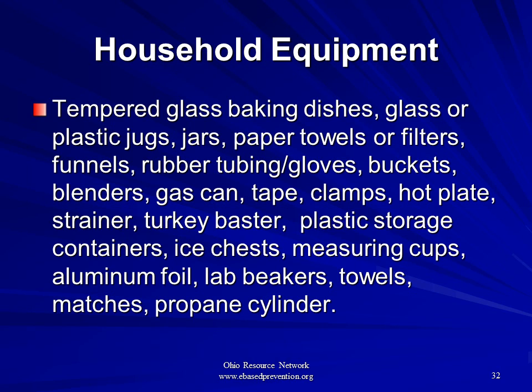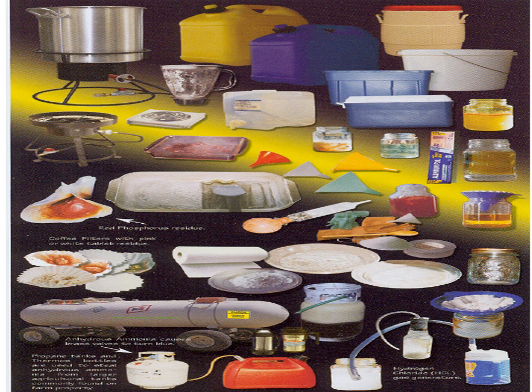Rubber tubing, rubber gloves, buckets, blenders, all sorts of different household items that are being improvised as laboratory equipment. This graphic shows some of the different things that are used to produce methamphetamine in a clandestine lab. Notice that most of the stuff comes from grocery stores, Walmart, or other big box stores.